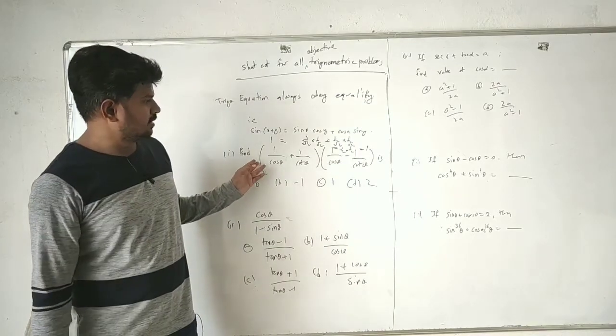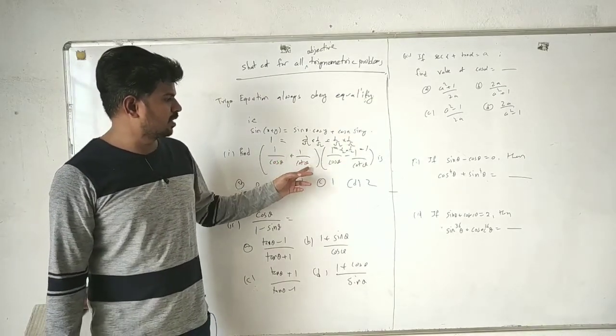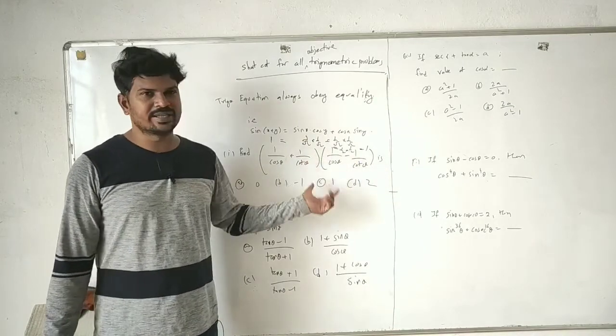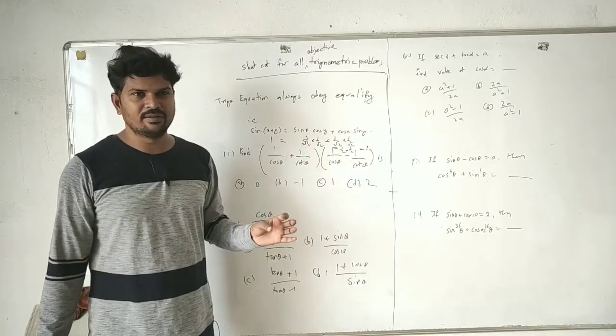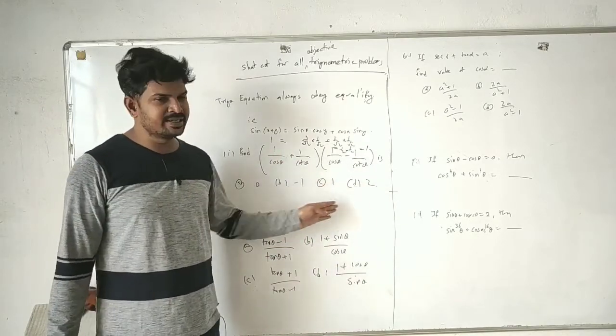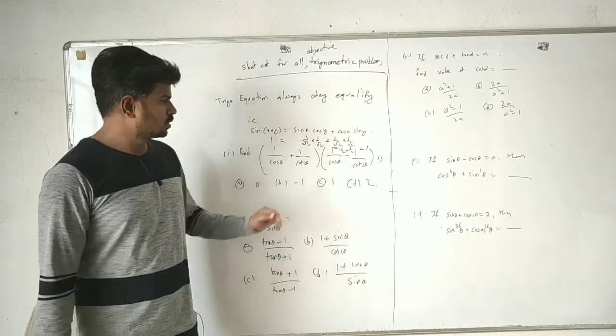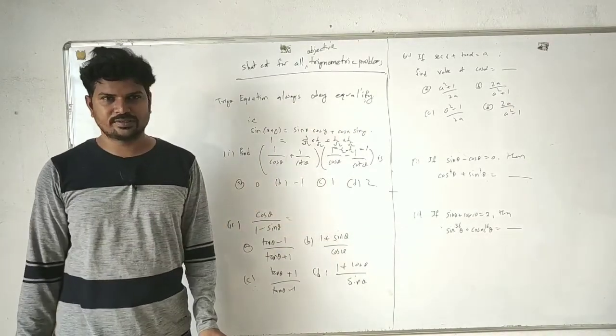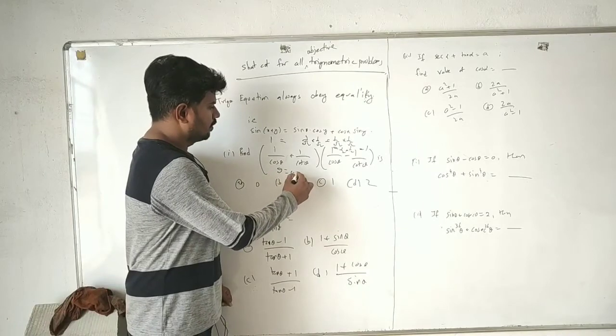Okay, now there is a previous question like this: 1 by cos theta plus 1 by cot theta into 1 by cos theta minus 1 by cot theta. In order to solve this, it takes more time. So substitute some theta value and check it with the right hand side. This is LHS, the right hand side is the answer. So to substitute here, the simplest theta is theta equal to 45 degrees.